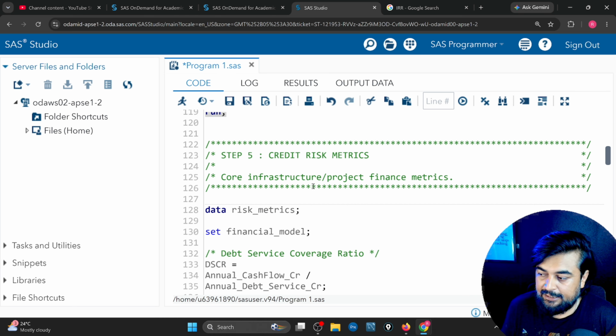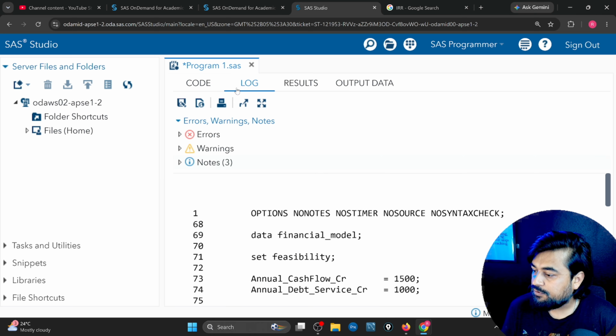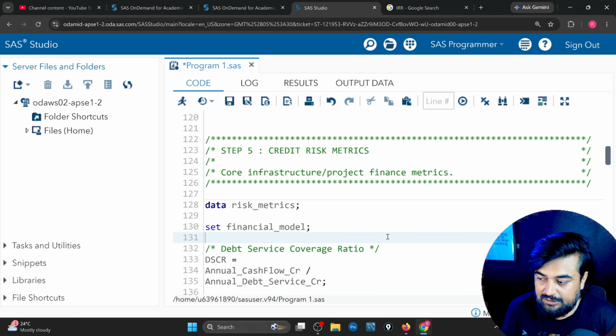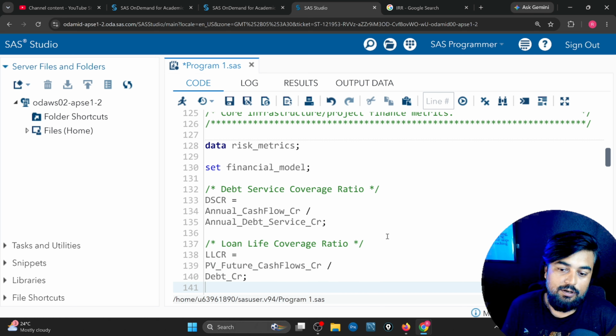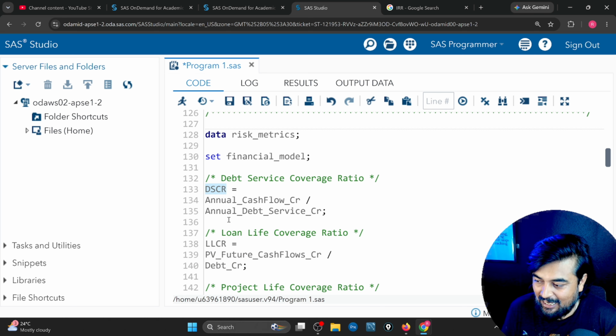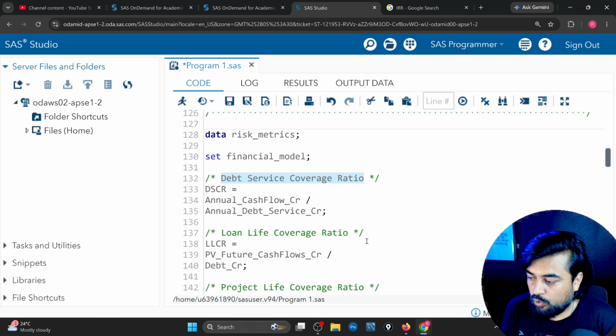So the next step is credit risk metrics. In credit risk metrics, I am calculating the most important metrics, that is DSCR and LLCR. Now what is DSCR? I explained it in the previous video. You can see I have given comments also so that it helps you guys to remember. Debt service coverage ratio, then loan life coverage ratio.